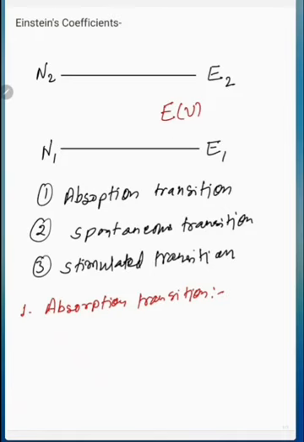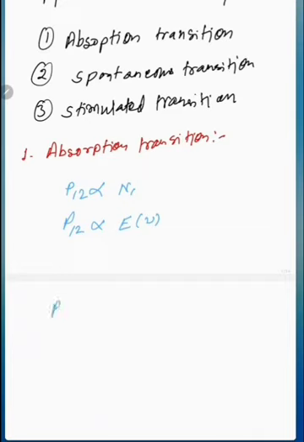That means if P12 is the probability of absorption transition, then it will be proportional to the number of atoms in the ground state, and also proportional to the energy density. So P12 is proportional to N1 into E nu.